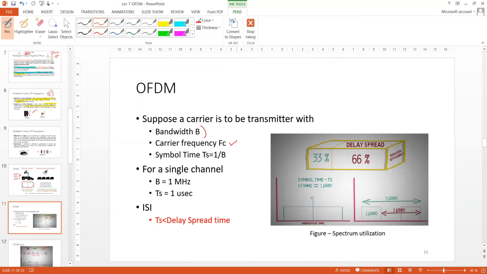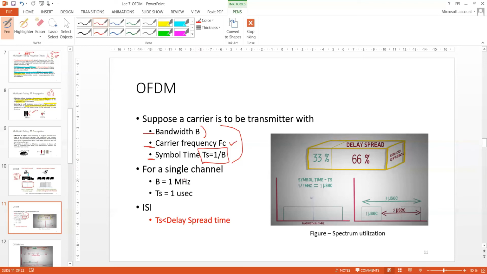And the duration of the symbol that is used to transmit information over the channel is 1 over B. That is, the symbol duration in this particular case is 1 over B. Okay, so please try to remember these particular parameters. That is, a carrier that has a bandwidth of B, it has a carrier frequency FC, and it has a symbol time of 1 over B.